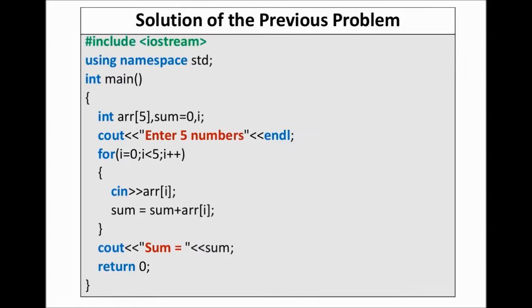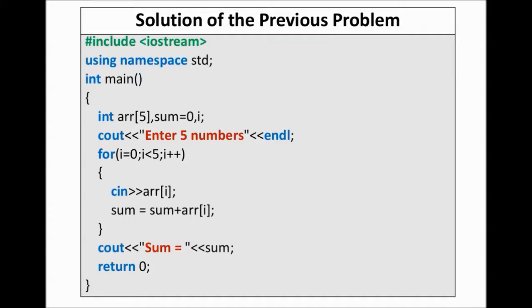Code. In the main program, first of all, we declare an array with 5 elements. Then we declare 2 more variables: one to calculate the sum and variable i used in the for loop to enter the values.